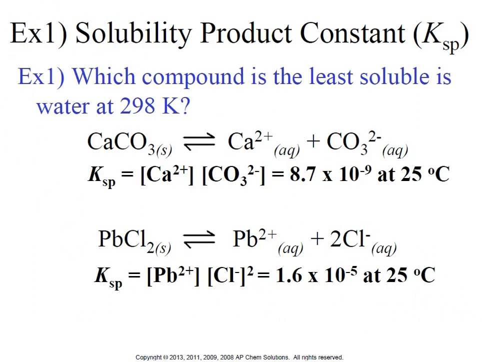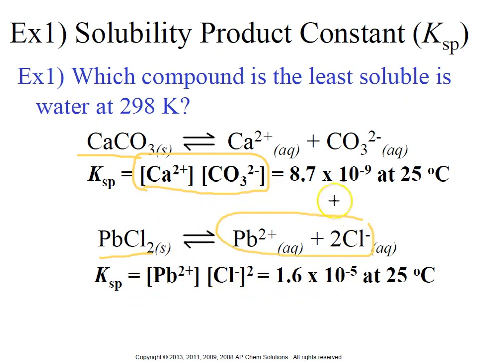Alright, let's look at an example problem here. Which of these 2 compounds, the ones we just dealt with, calcium carbonate and lead chloride, is the least soluble in water? Well, the KSP value tells us something about the solubility because it's the amount of products being multiplied together. The more products you have, the more soluble your reactant is. So in which of these do we form more products?